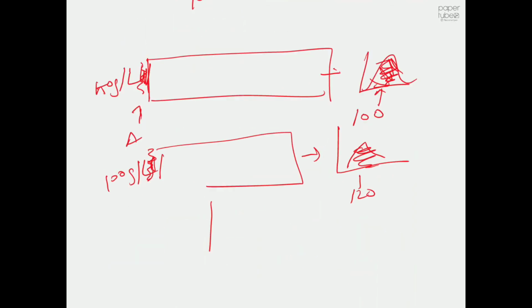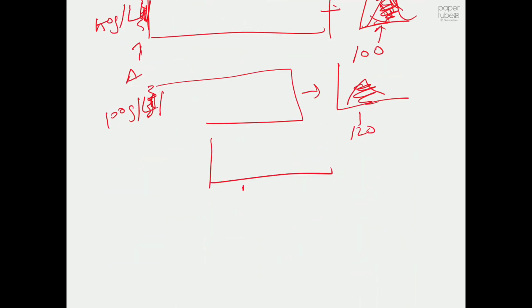So we have to generate the standard plot in a way that 100, 120 on the y-axis corresponds to 50 and 100. So we plot something like that. This is some basics that you should know about column chromatography.